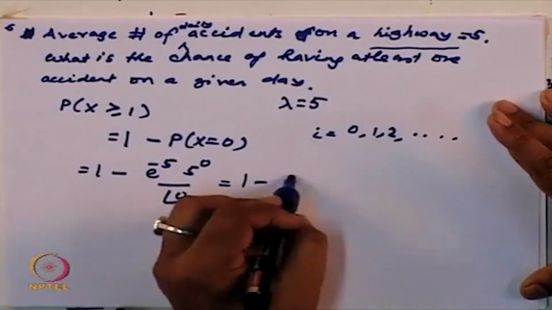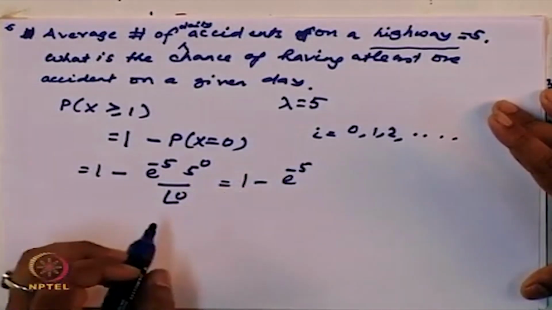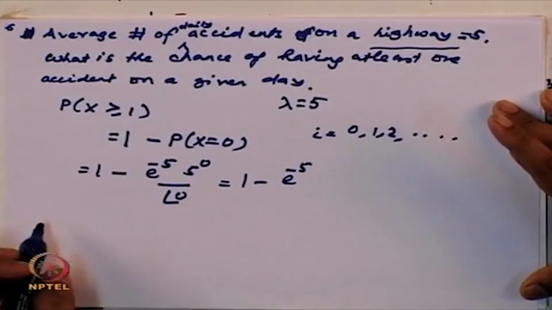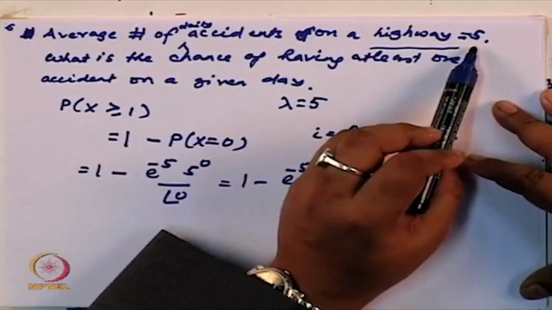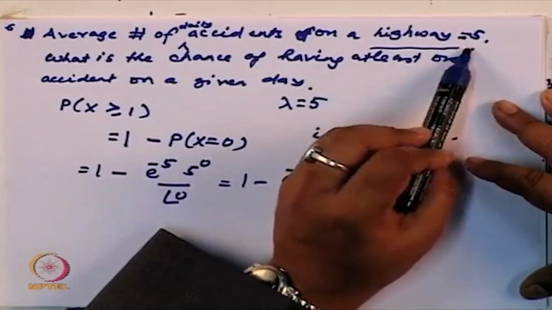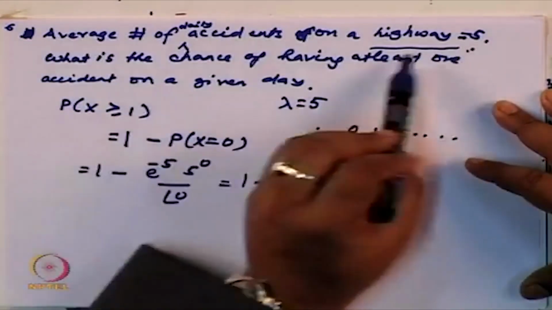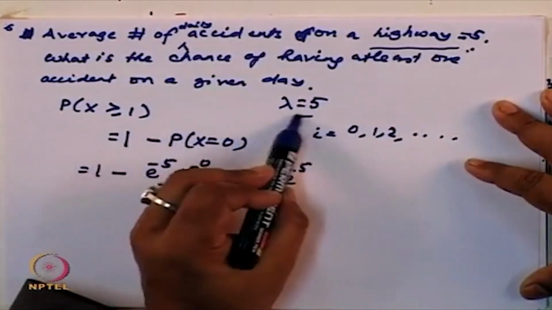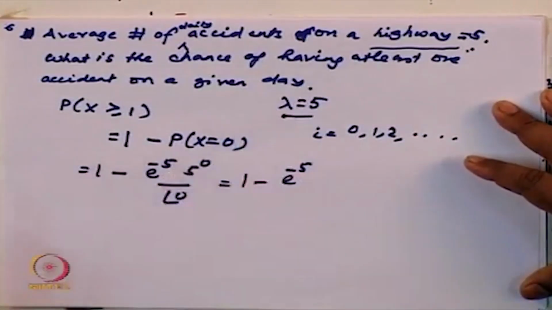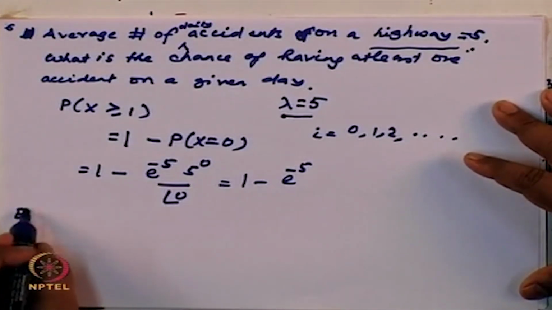This is 1 minus e to the power minus 5. So, this is your final answer. From the problem you are supposed to identify the value of lambda. When you are given that the average number of daily accidents is 5, then you know that lambda is equal to 5. Let us take another example.